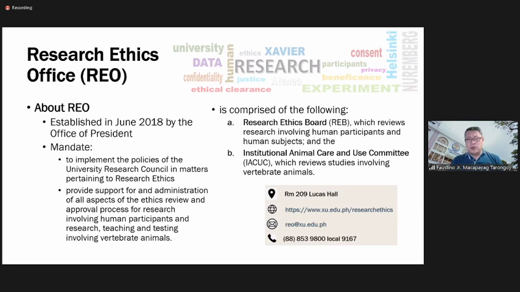The REO has two review boards, review committees. One is for human participants and human subjects, and that is the Research Ethics Board. The other one is maybe not very pertinent to engineering: if you are involving animal testing or use of animals as your subjects, particularly vertebrate animals, then there's the IACUC, or the Institutional Animal Care and Use Committee, responsible for the review process.